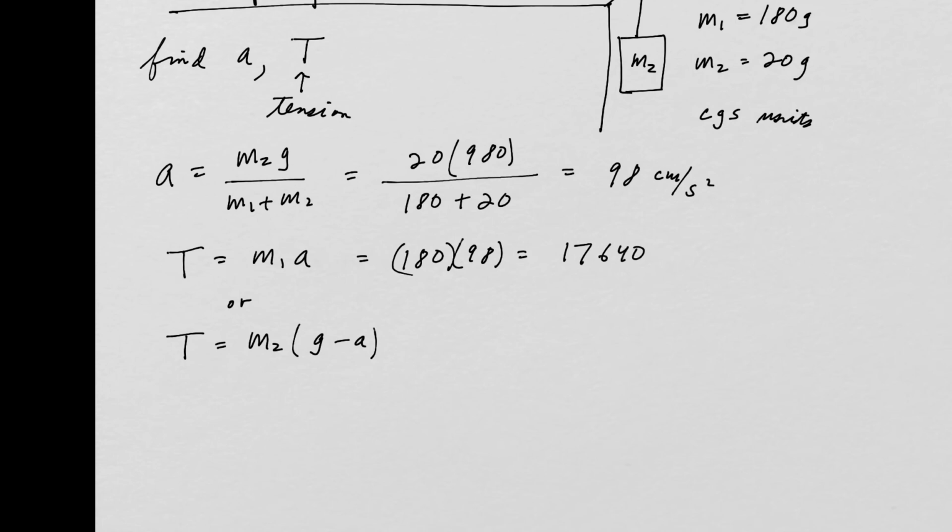Remember, the units for force in CGS are dynes. Or if I did it this way, it would be 20 times 980 minus 98, and that ends up being the same thing, 17,640 dynes. So either way, you could be asked to find the acceleration and then the tension.